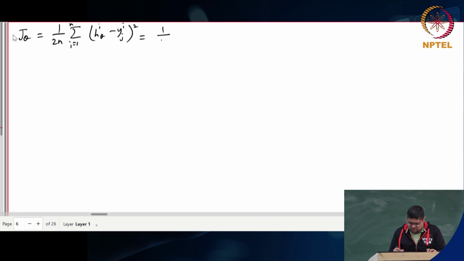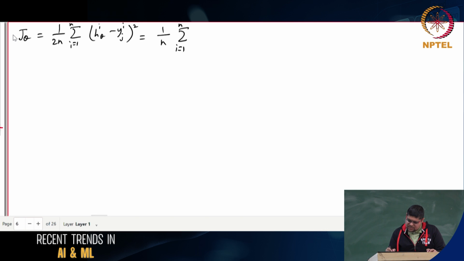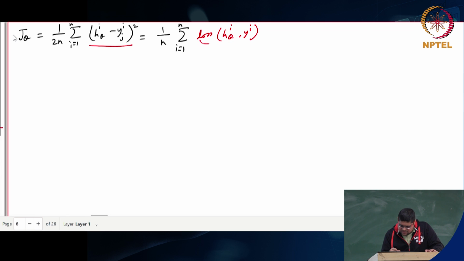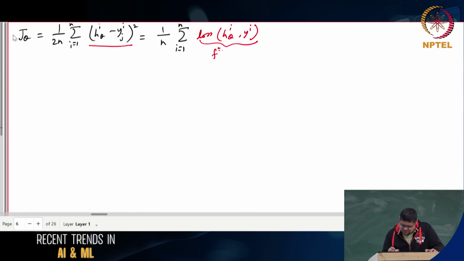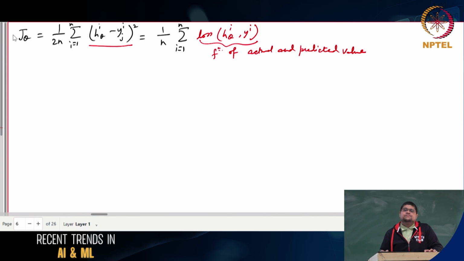So this is 1 by n, sum over i equal to 1 to n. Now I am denoting this thing in terms of a loss function of h_theta(x_i) and y_i. So this is a function of actual and predicted value.